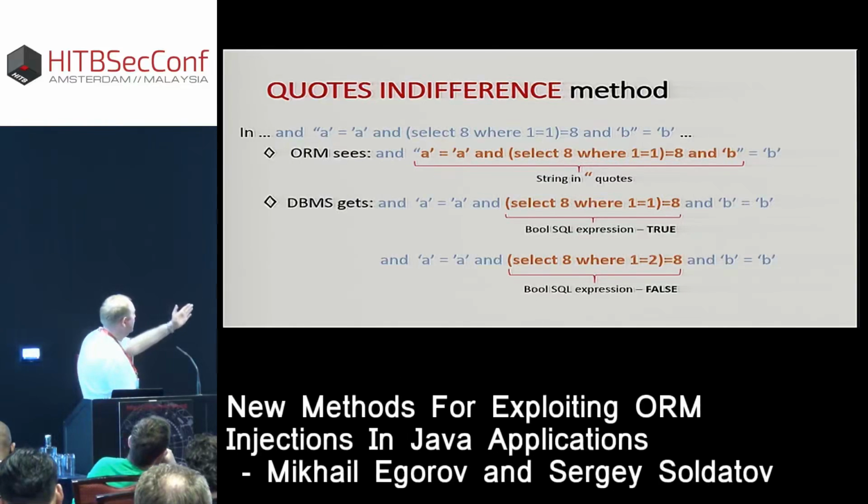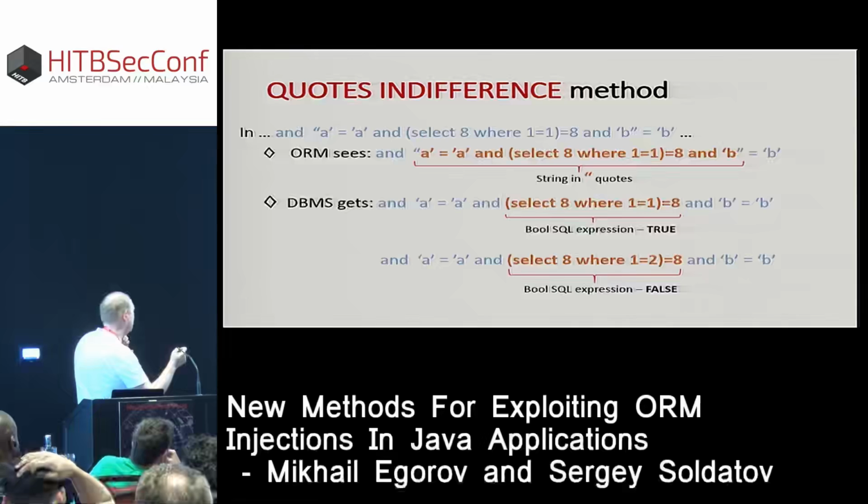ORM sees in this line a string in double quotes with single quotes inside it. But because of this feature of quotes indifference, the database management system finally gets a comparison of A and a select statement compared with 8.